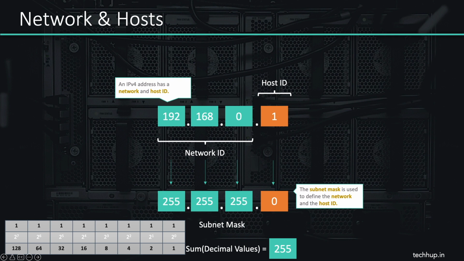And every octet that's a 1, those are values that are going to be exactly same for every computer on the network, representing the network IDs. So a subnet mask is an easy way to see which octet of an IP address represents the network IDs and which octet contains the host IDs.